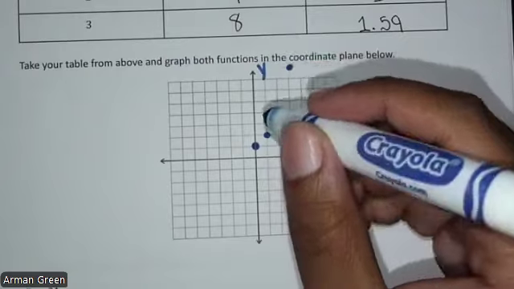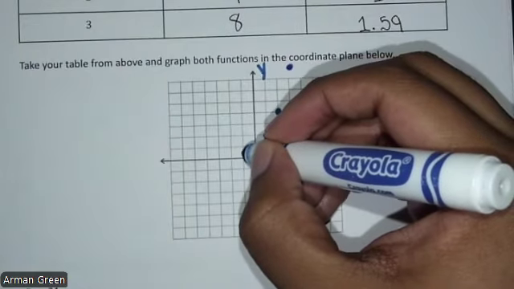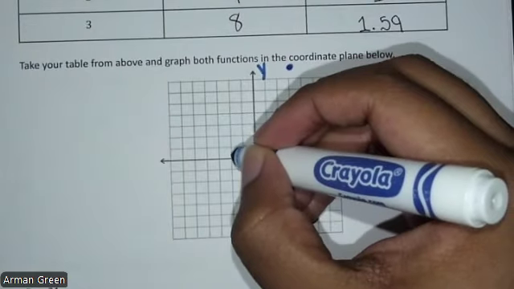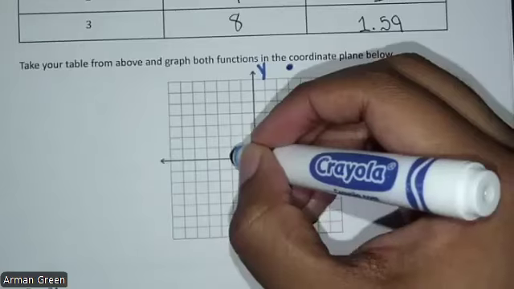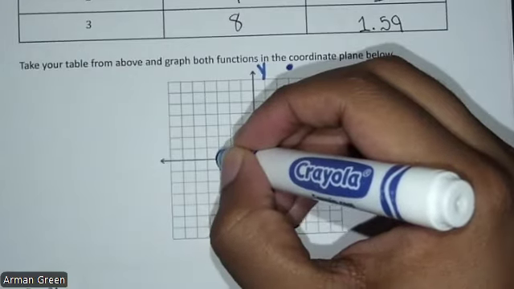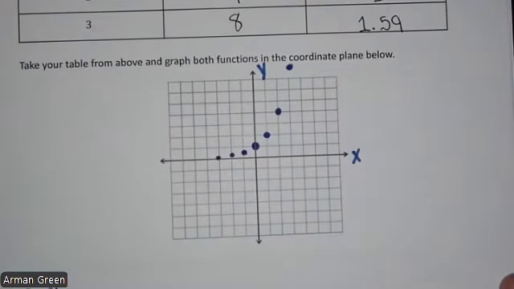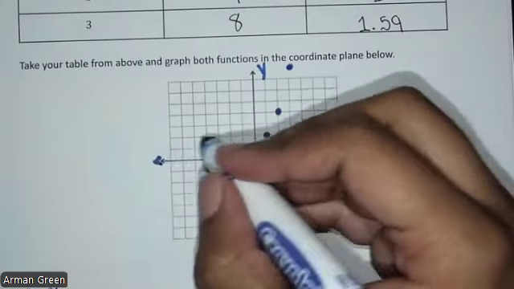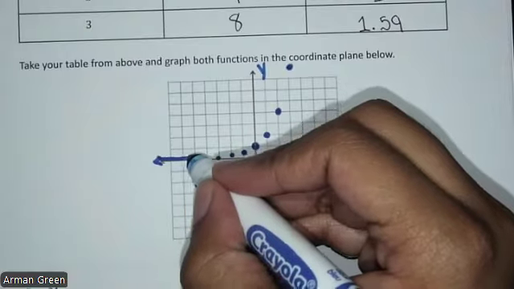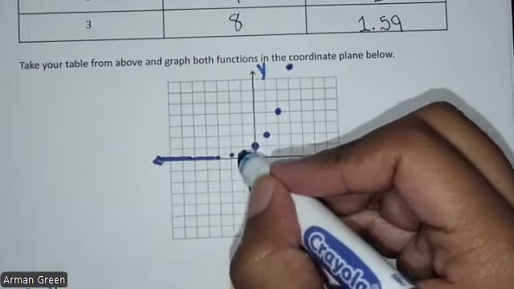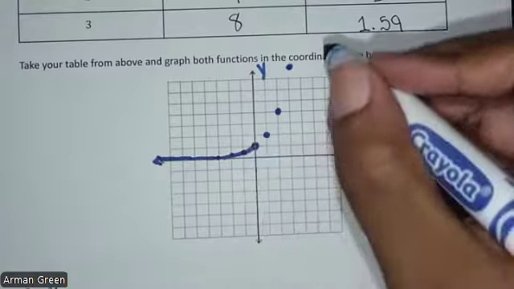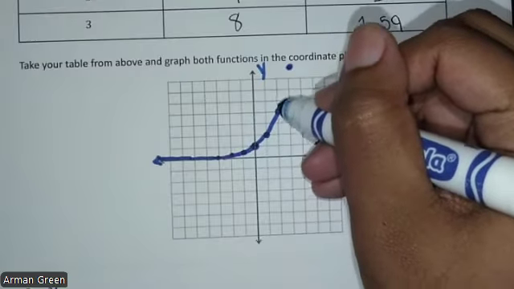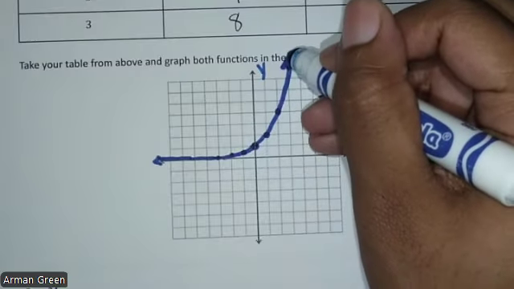For example, when x is -1, our y value is 0.5. And if we go more to the left, we get closer and closer to the x-axis, but don't ever really touch it. So if we were to continue this process, our graph is going to look like this.